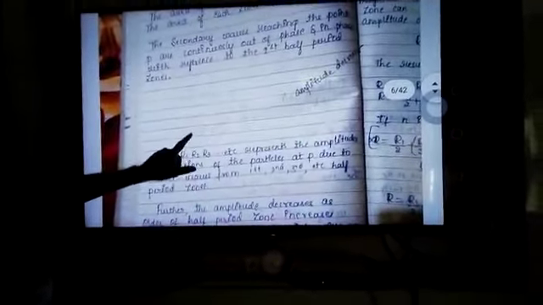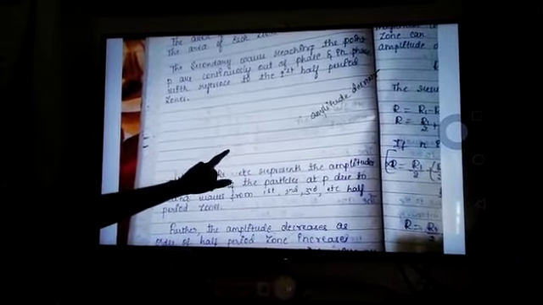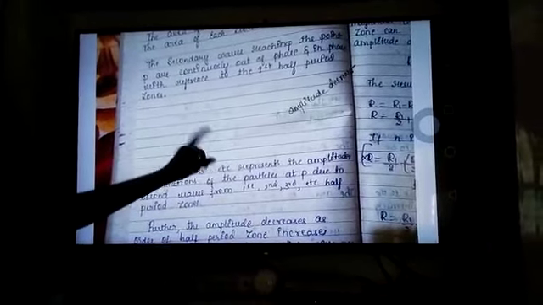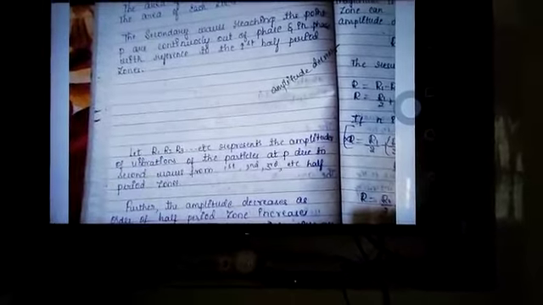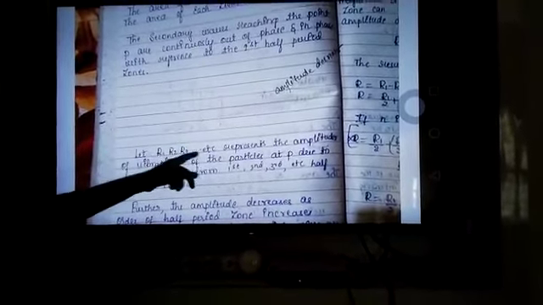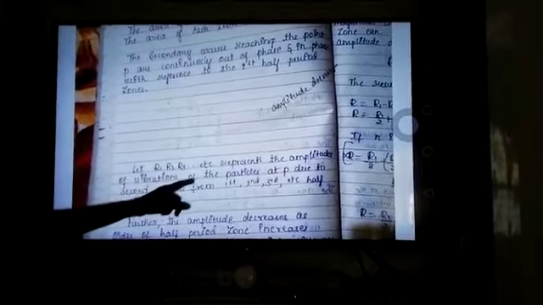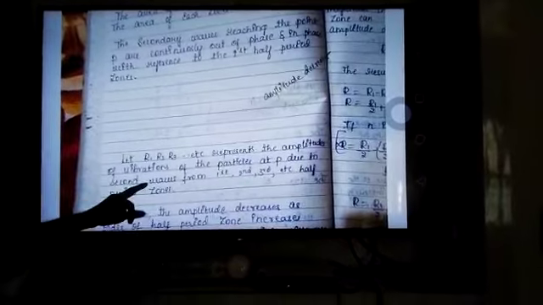Here R1 is in the upward direction, R2 is in the downward direction, R3 is again upward, and so on. You get positive, negative amplitudes. So R1, R2, R3, etc. represent the amplitude of vibrations of the particle at P due to secondary waves.